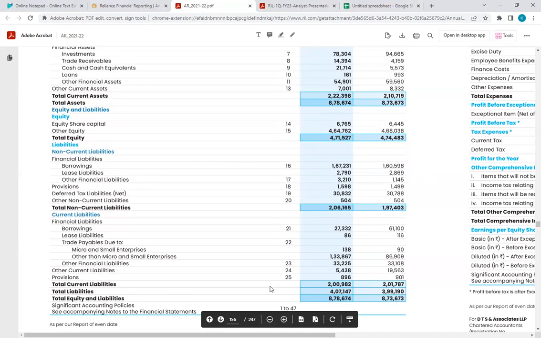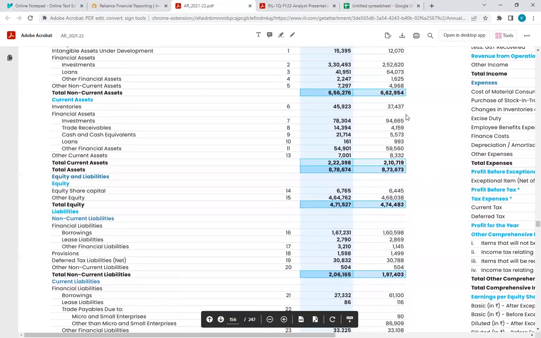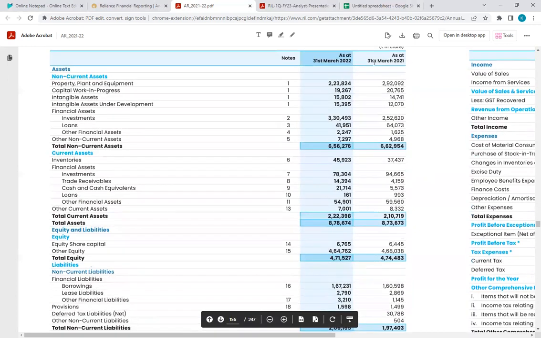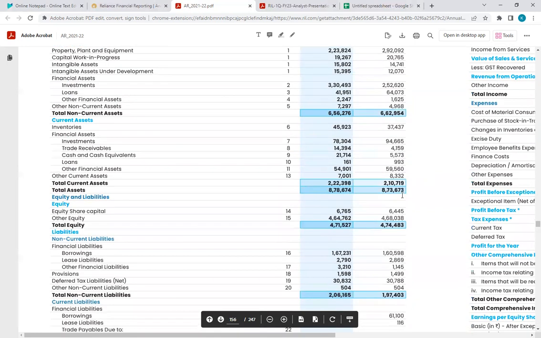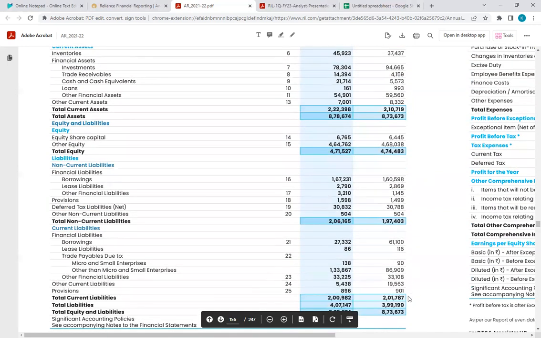Same in the case of last year, 31st March 2021, total assets is 8,73,673, and total liabilities plus equity is 8,73,673. So it is balanced.